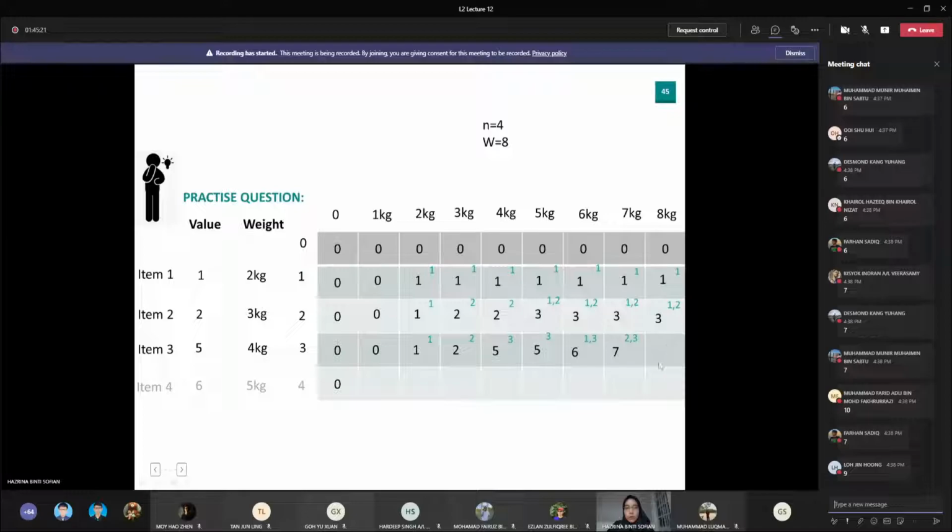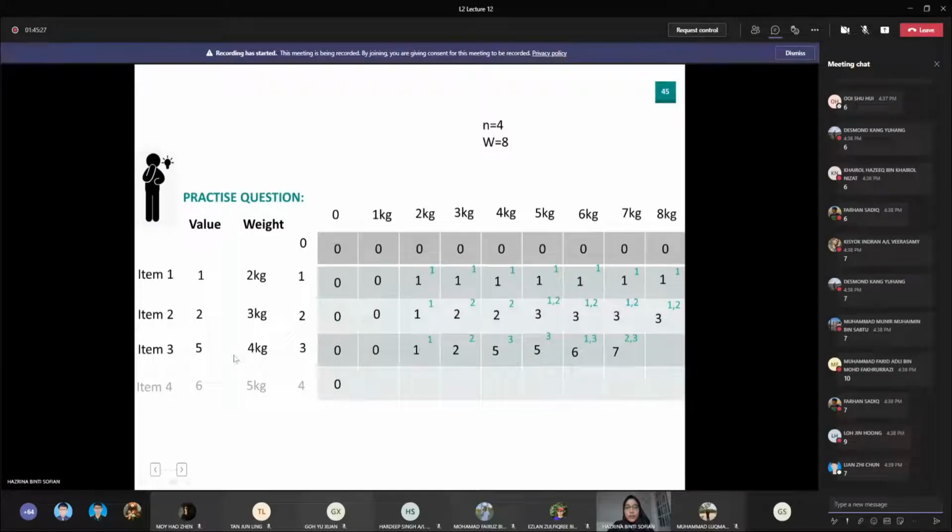Farid, we cannot put 10. I think because you want to put this 4 kg item 3 for 2 units, but for the 0/1 knapsack problem, we can only put 1 unit, so it cannot be 10. So although this item 3 gives the best, the highest value, we need to pick others.